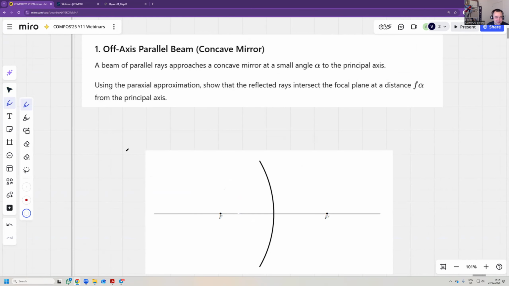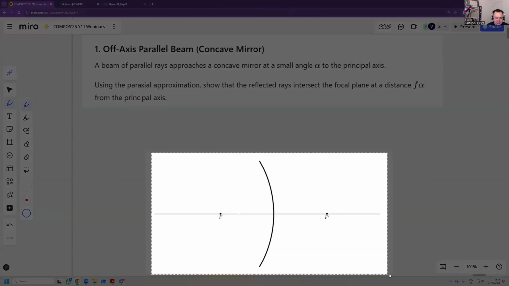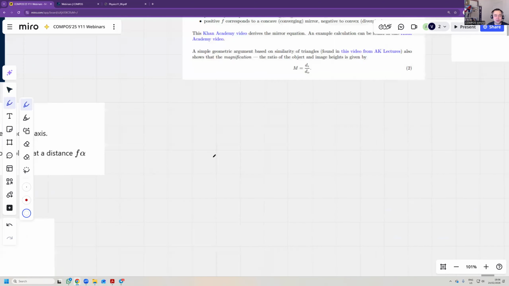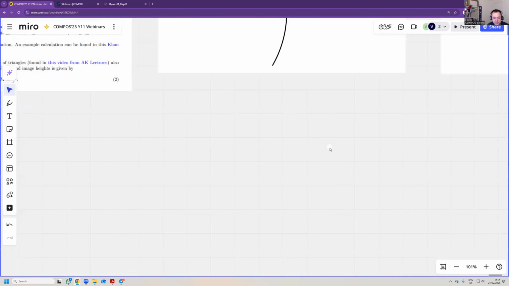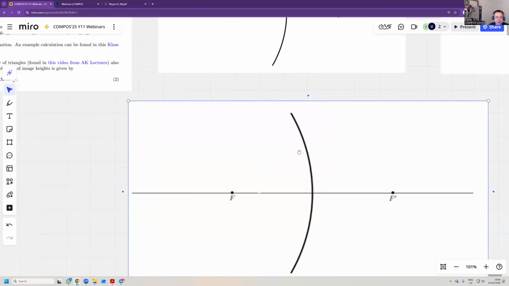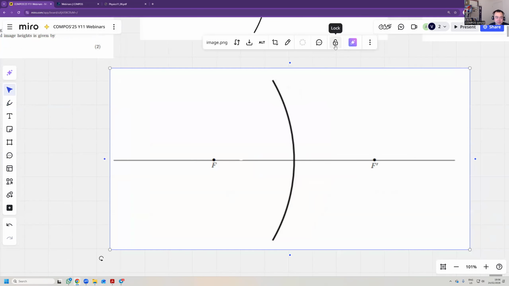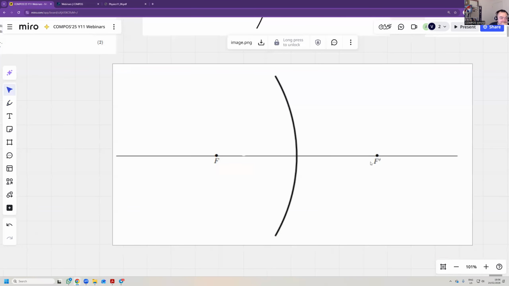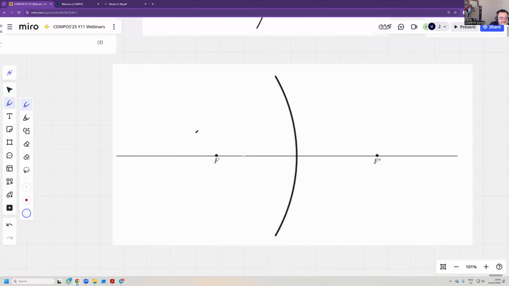So what I'm going to do here is talk briefly about what a mirror does. A mirror can create an image, of course. So what does that mean? Well, if you place an object in front of a mirror, like this, so this is an object.